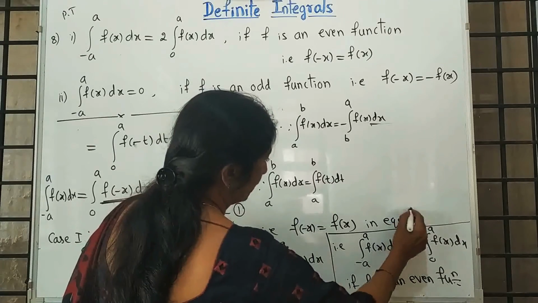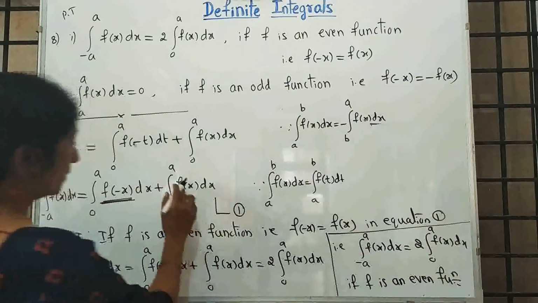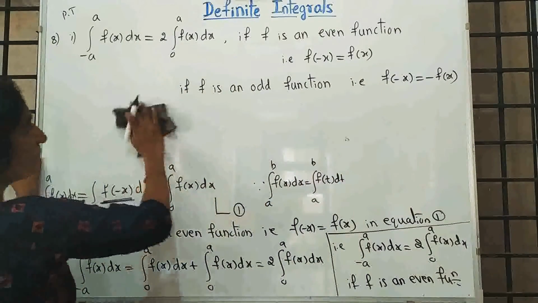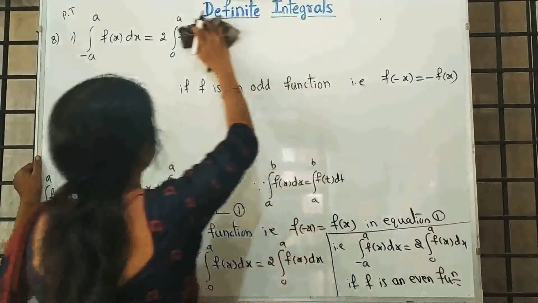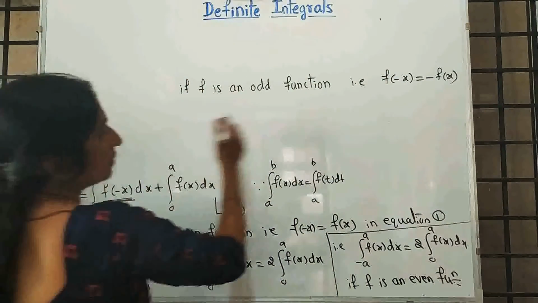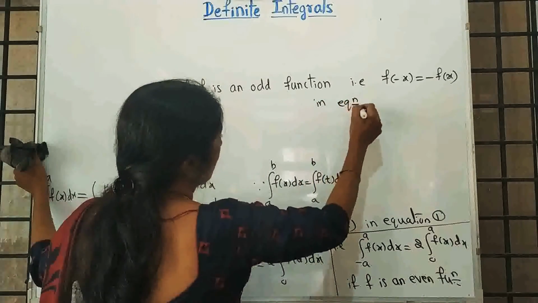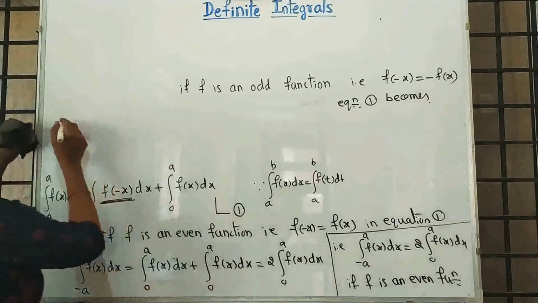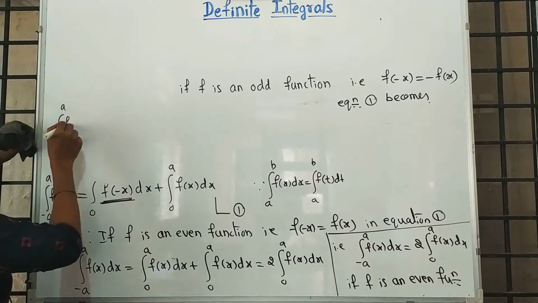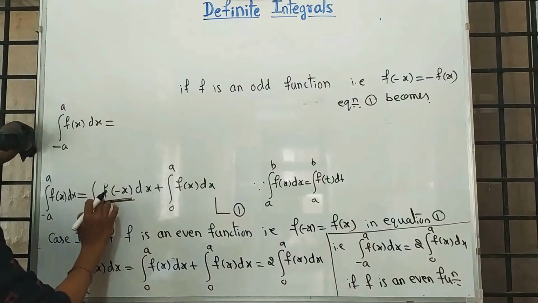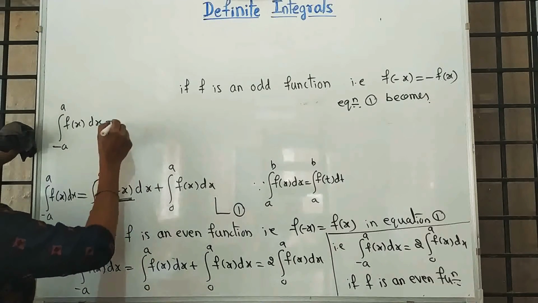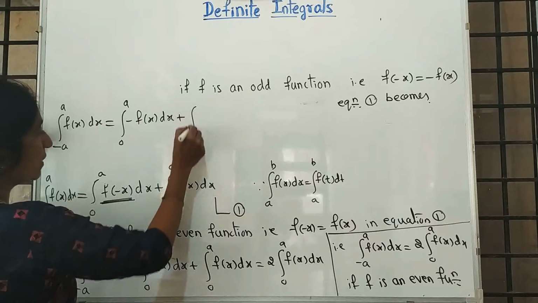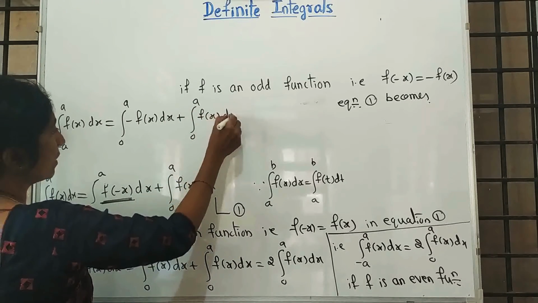In equation 1. Next, this is equation 1. Now write down that if f is an odd function, equation 1 becomes: left side is integral from minus a to a, f of x dx is equal to integral from 0 to a, where f of minus x is replaced by minus f of x, dx, plus integral from 0 to a, f of x dx.